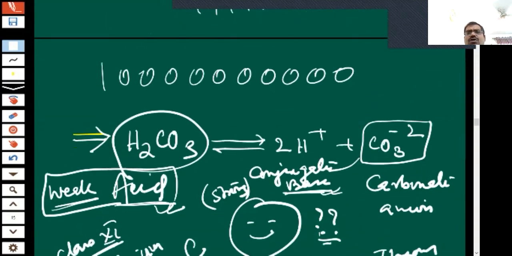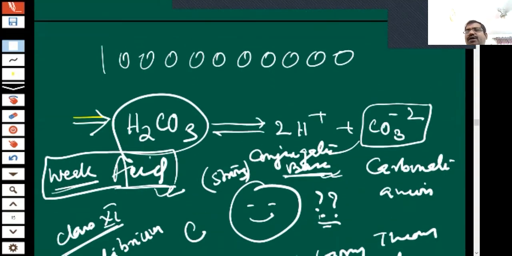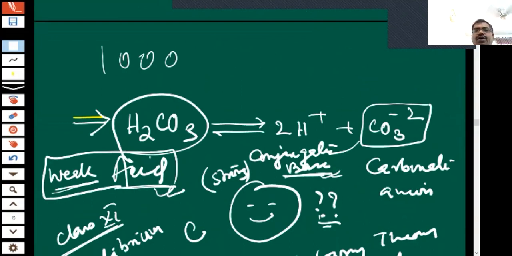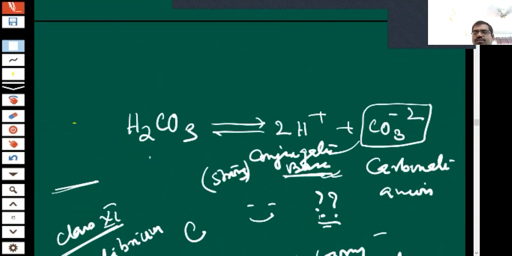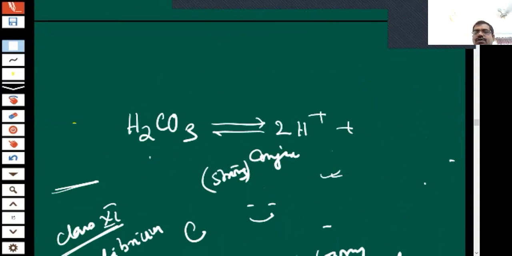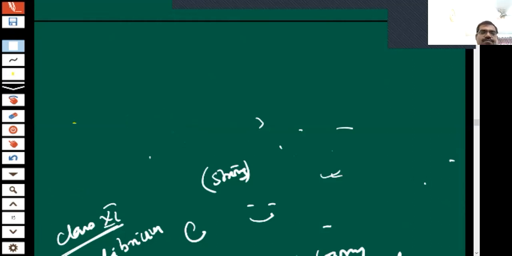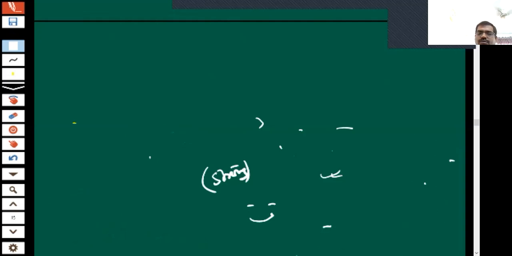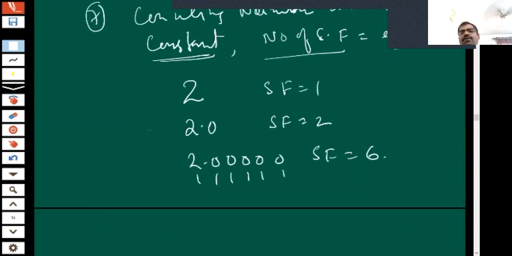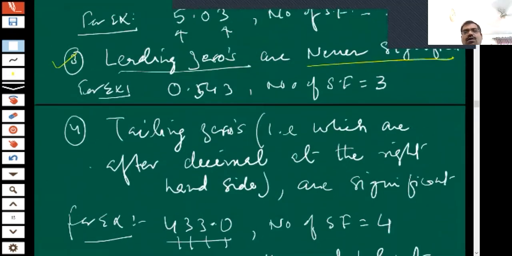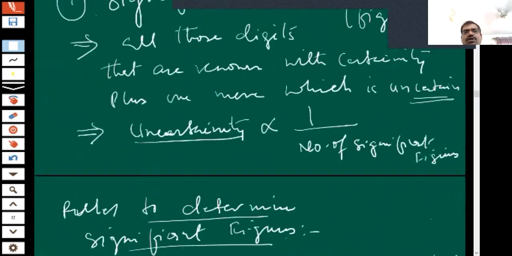These are certain rules, especially for chemistry, I am telling you. More detail you have to discuss with your mathematics department, so they will give you more clarity. In our chemistry, this much is sufficient for calculating the number of significant figures.